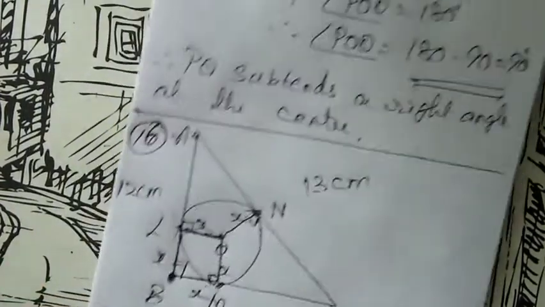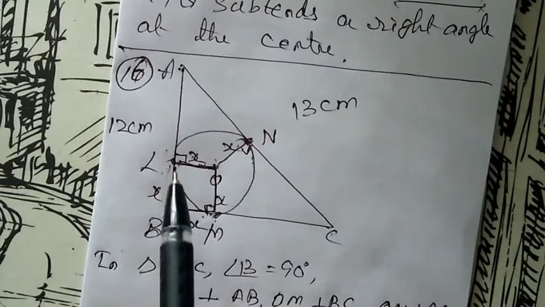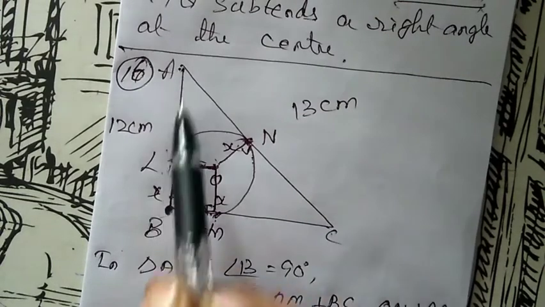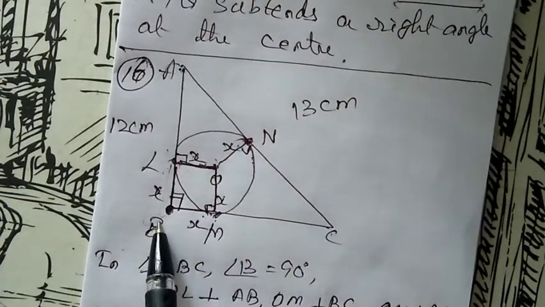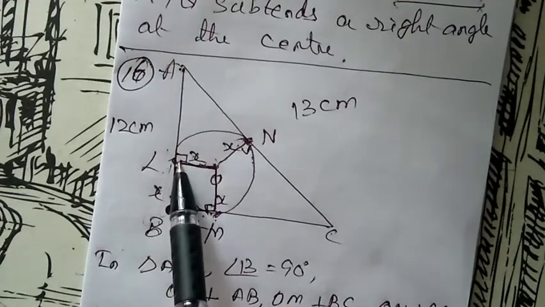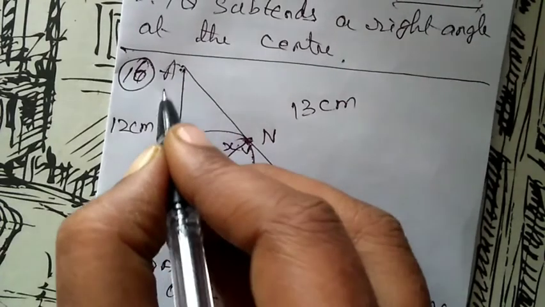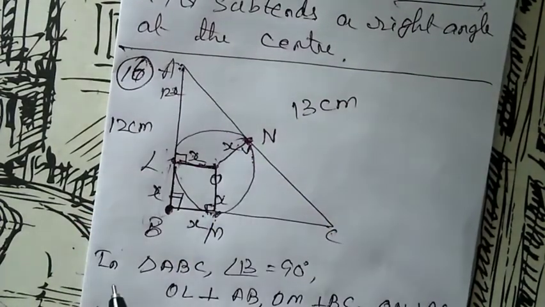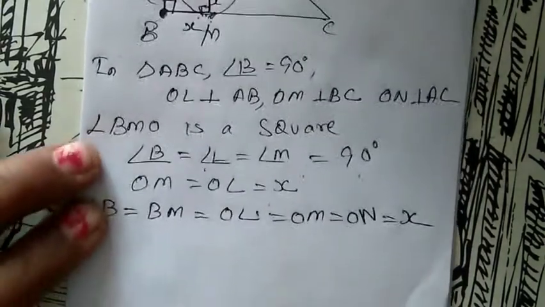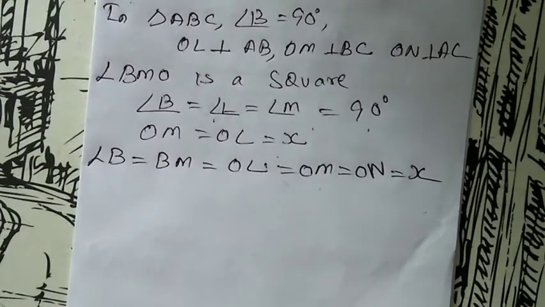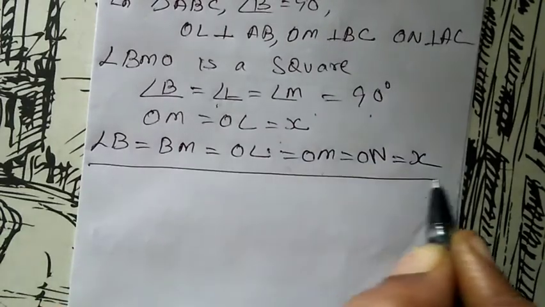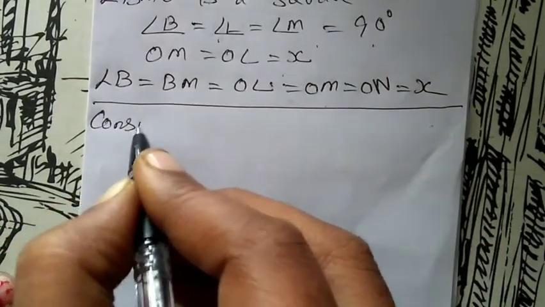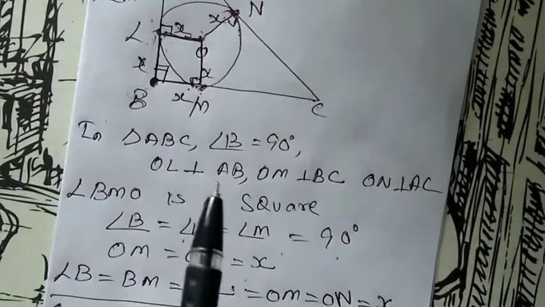Now, when you see the diagram, we consider this as x, the full measurement AB as 12. So what is AL? AL is 12 minus x. So we do that one now. First we have to find what is BC.